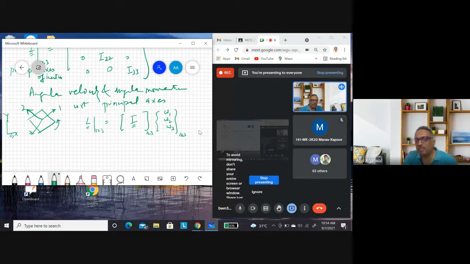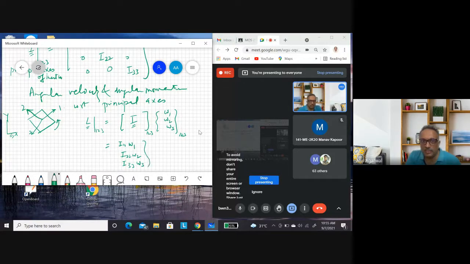So all measurements are with respect to this coordinate system. Now if you expand it, what you will get? I11 omega 1. Basically you are multiplying this diagonal matrix with this. I22 omega 2. I33 omega 3.